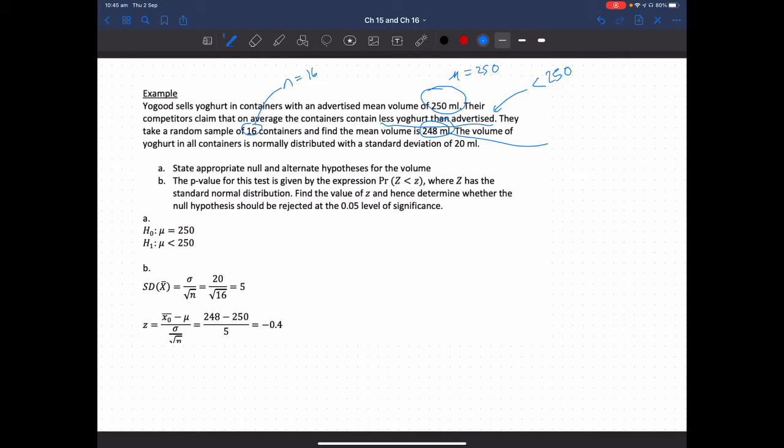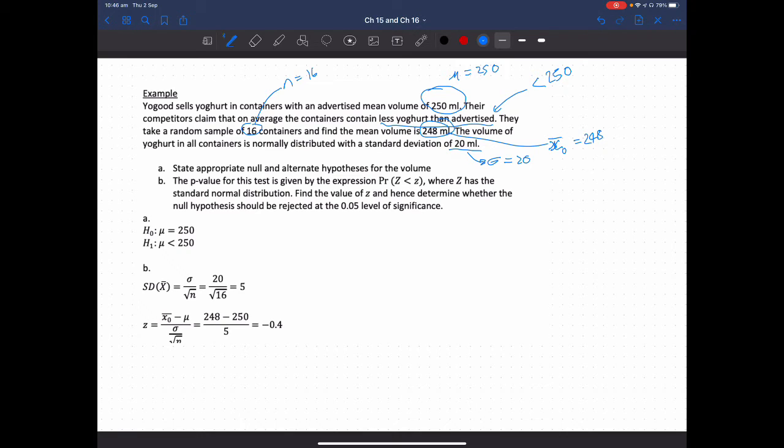of the sample. So x bar 0 is 248 millilitres. The volume of yogurt in all containers is normally distributed with a standard deviation of 20, so sigma equals 20.